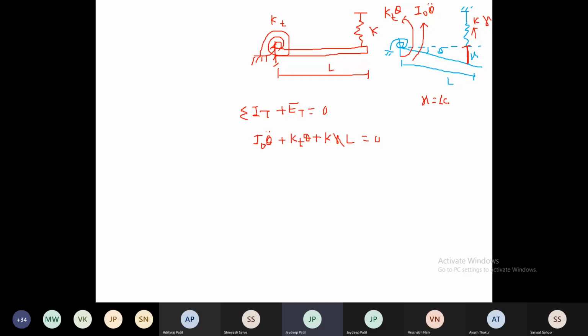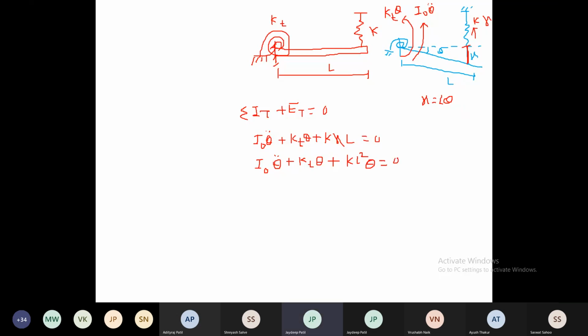Now I have to put this L into theta in this equation. You will get I O theta double dot plus kt theta plus k into x, where x is equal to L theta, so k L square theta.